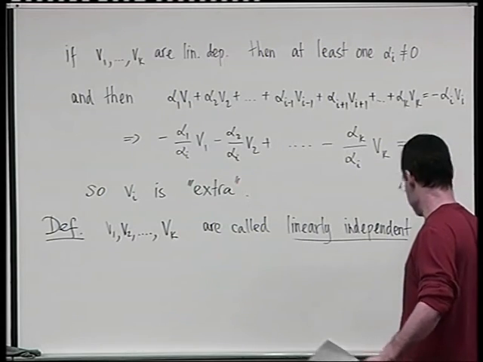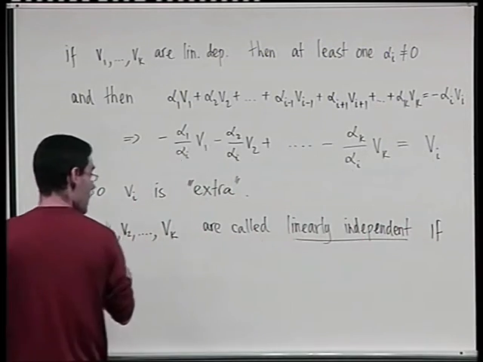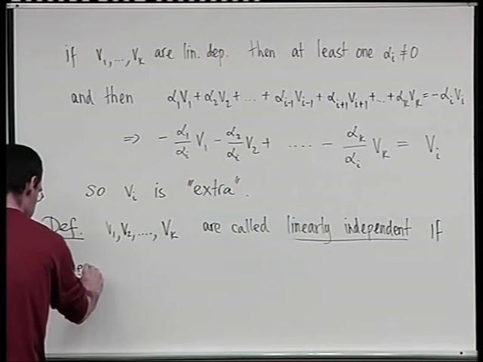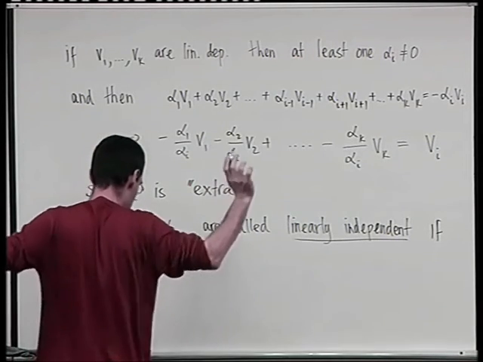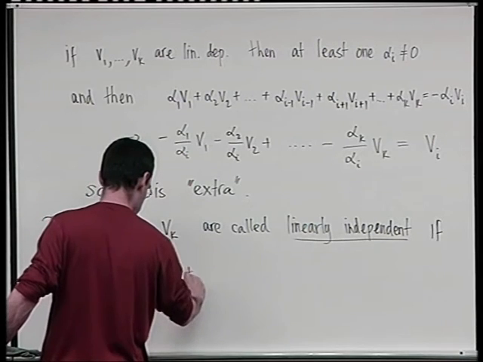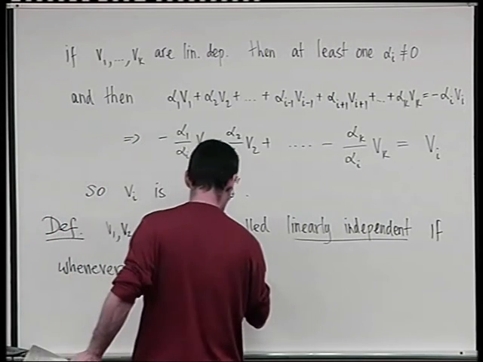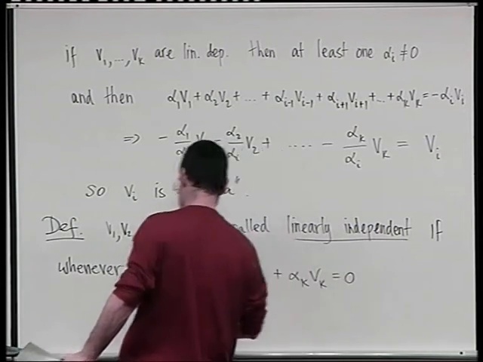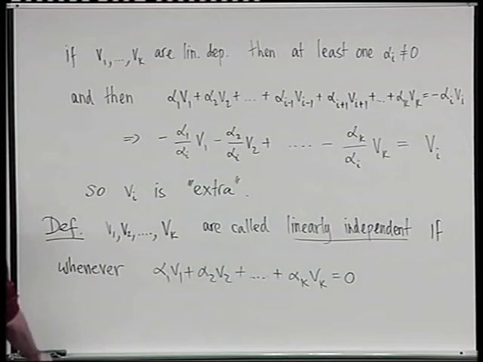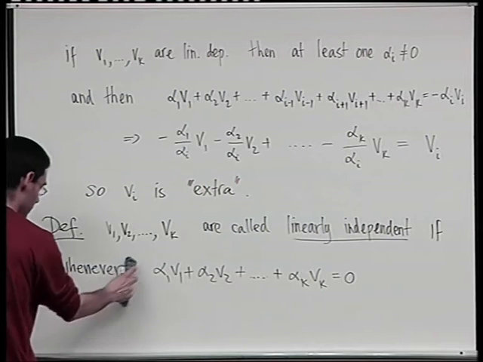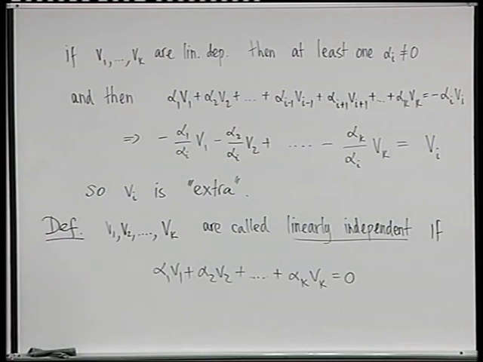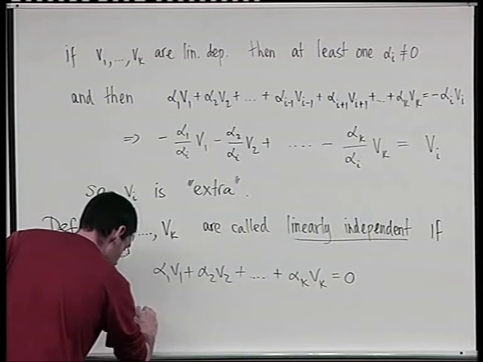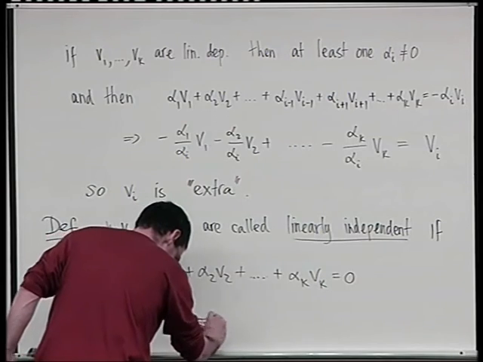So if we take a linear combination, alpha 1 v1 plus alpha 2 v2 plus alpha k vk, and we get 0, such a linear combination equaling 0 implies necessarily that all the alphas are 0.